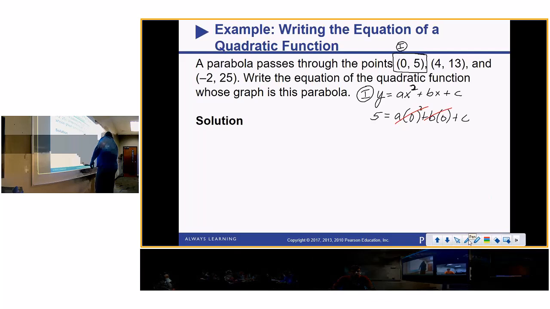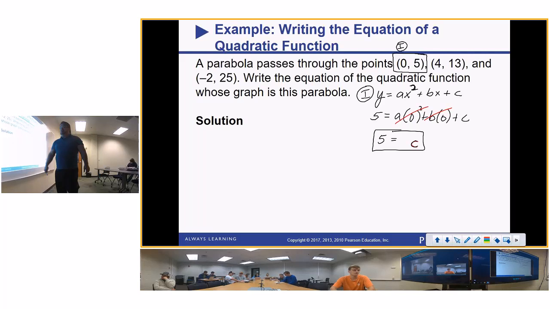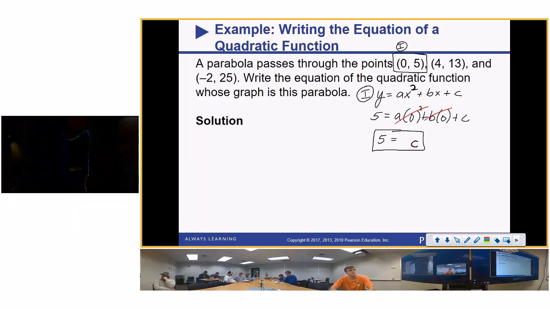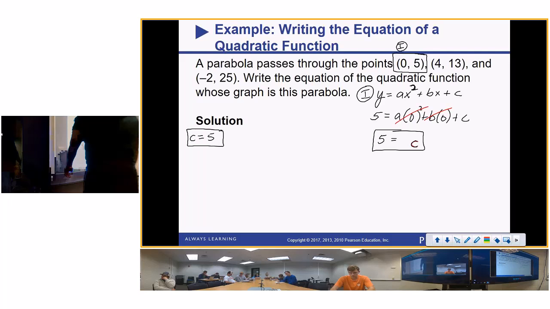And that leaves you with C equal to 5. Everybody with me? And yes, you know that the y-intercept is 5 from looking at it, but C is equal to 5. So that's part one.